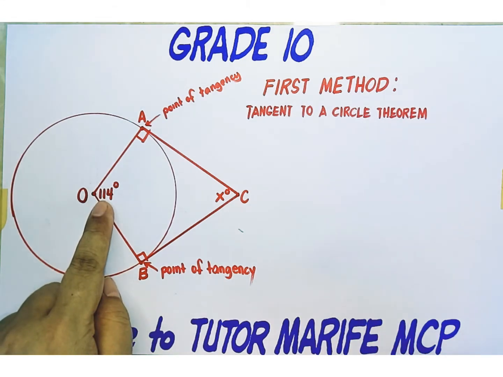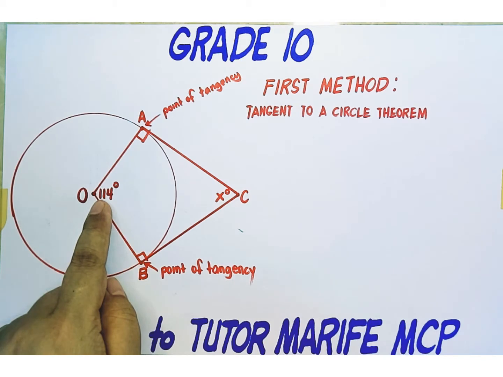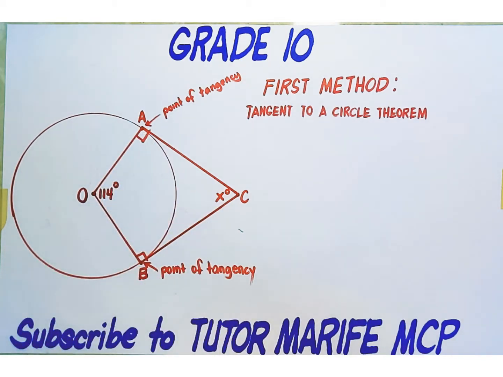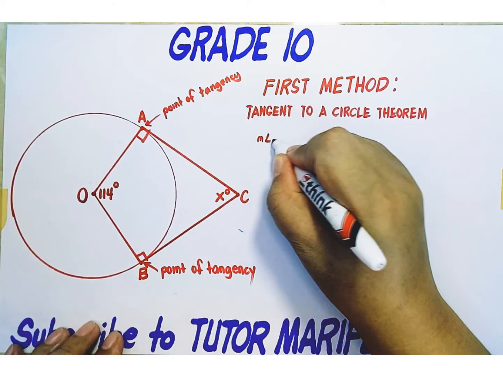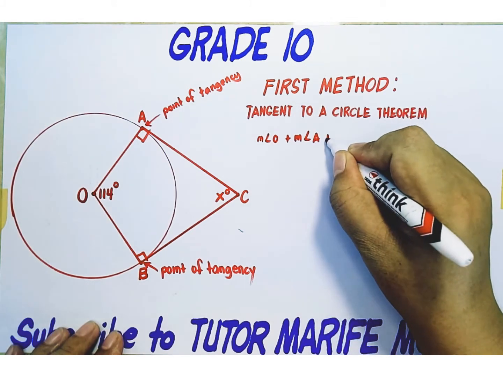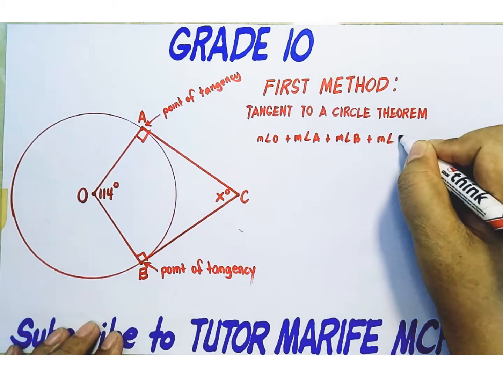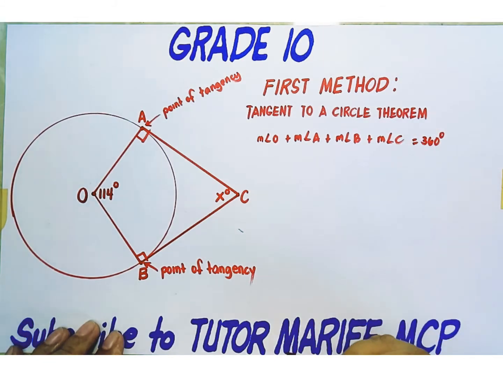The four interior angles of this quadrilateral are angle O, angle A, angle C, and angle B. If we add them up, it's equal to 360 degrees. Measure of angle O plus measure of angle A plus measure of angle B plus measure of angle C equals 360 degrees.